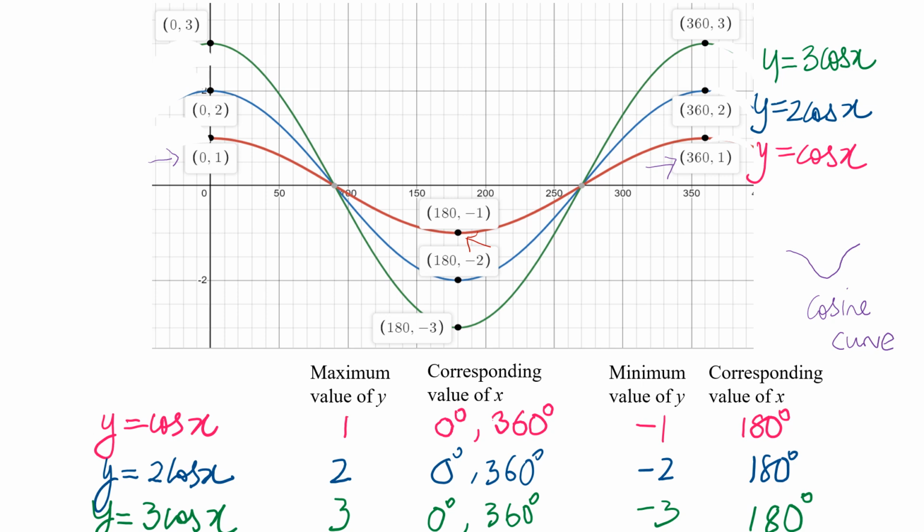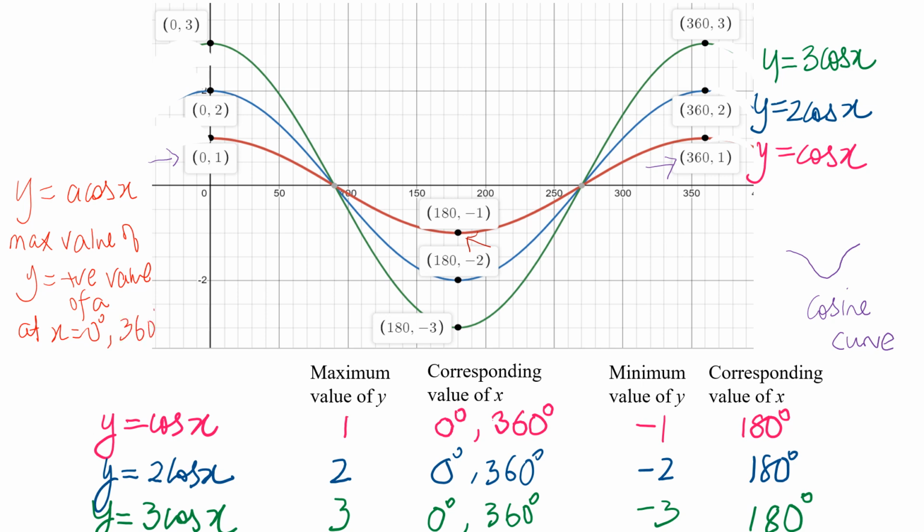Okay, so what are the conclusions we can make here? The conclusion we can make here is, if you're given a general function y equals to a cos x, then the maximum value of y is equal to the positive value of a at x equals to 0 degrees or 360 degrees.